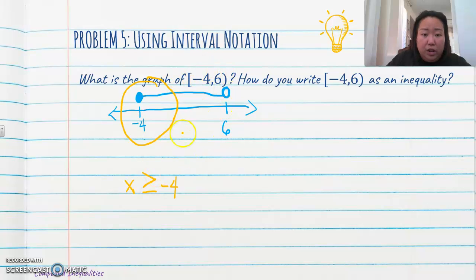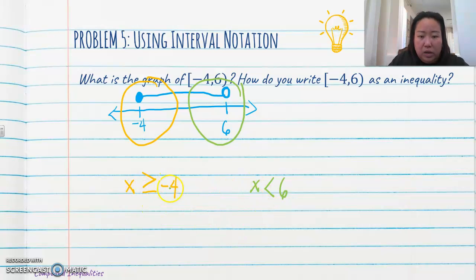As for the other half, let me use a different color again, just so it's clear. For this other half of the graph, you have an expression that is x is less than +6.